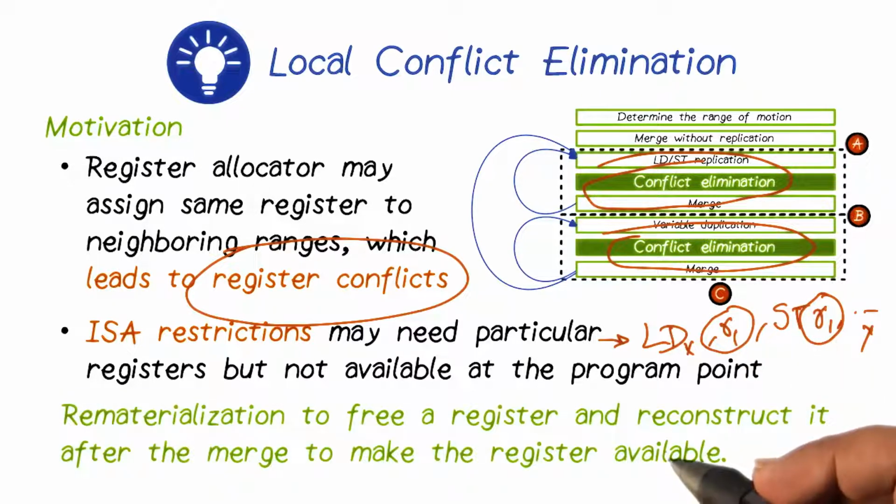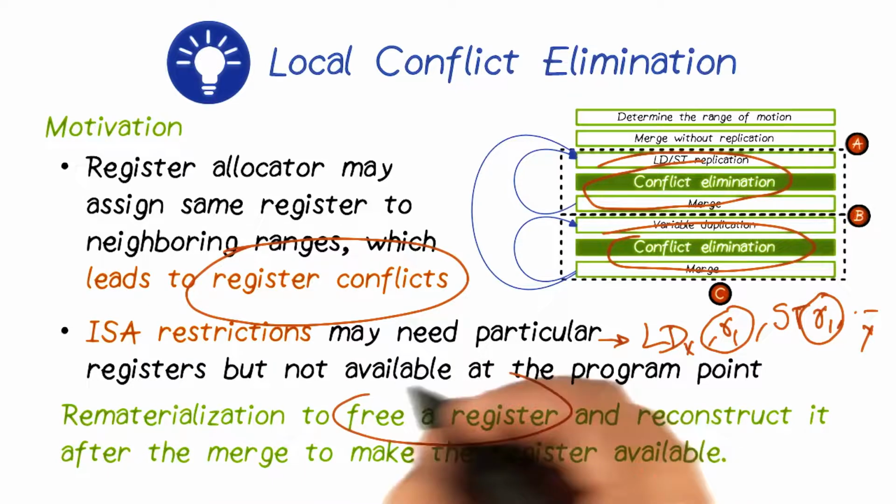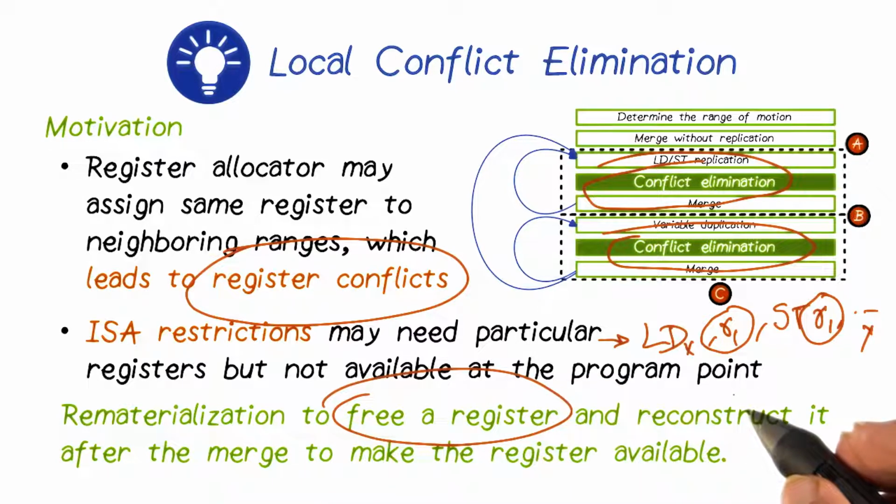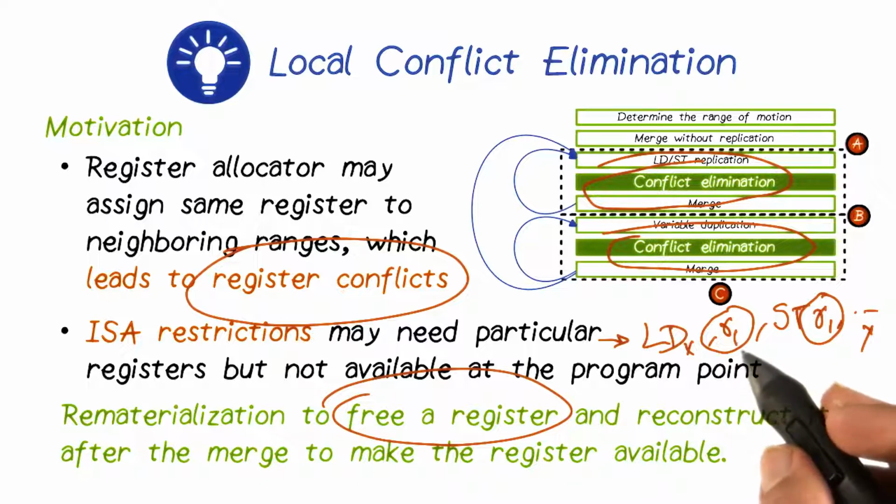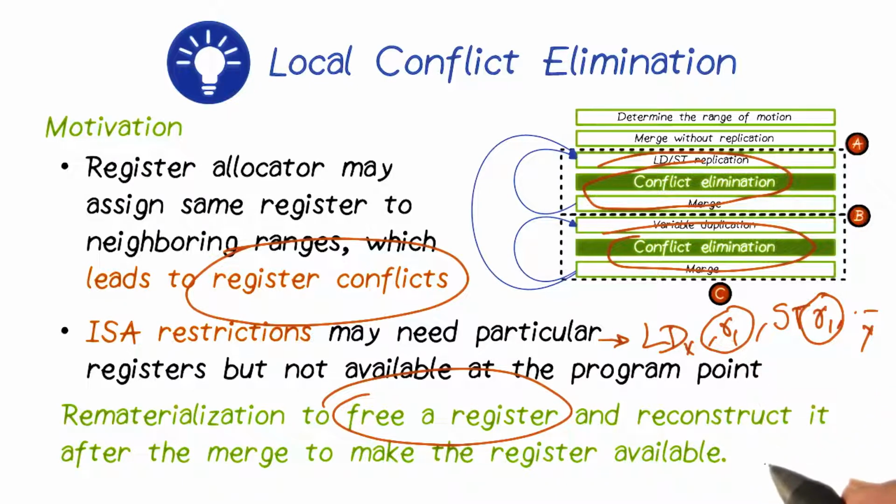So how is the conflict resolution then done? What we will do is we'll have to free a register somehow, and then we'll have to reconstruct whatever was in it at a later point. So let's say in this particular case, we want to get this R1 to occupy some other value. If we have to free whatever is there in that R1, let's say R1 was containing something like A, which was equal to B plus C. So A is being contained in R1 here.